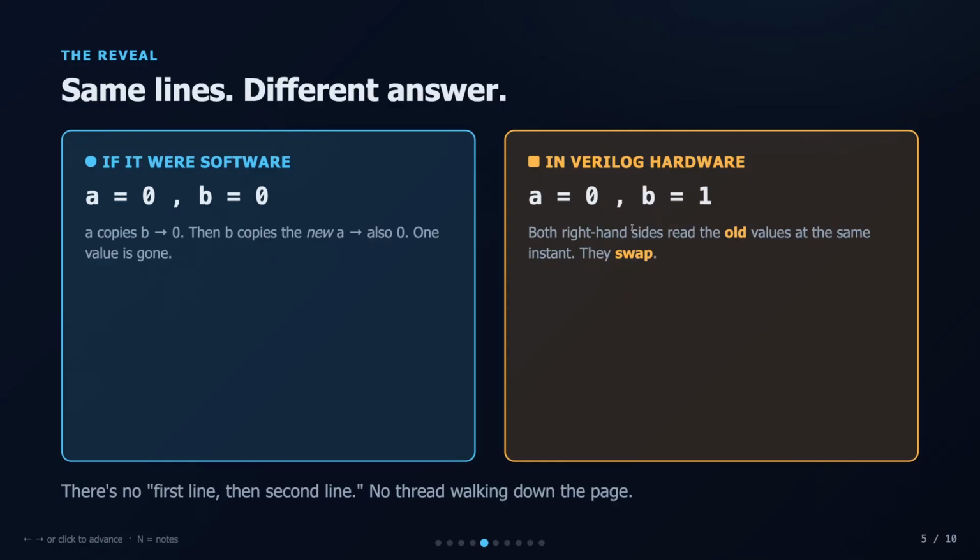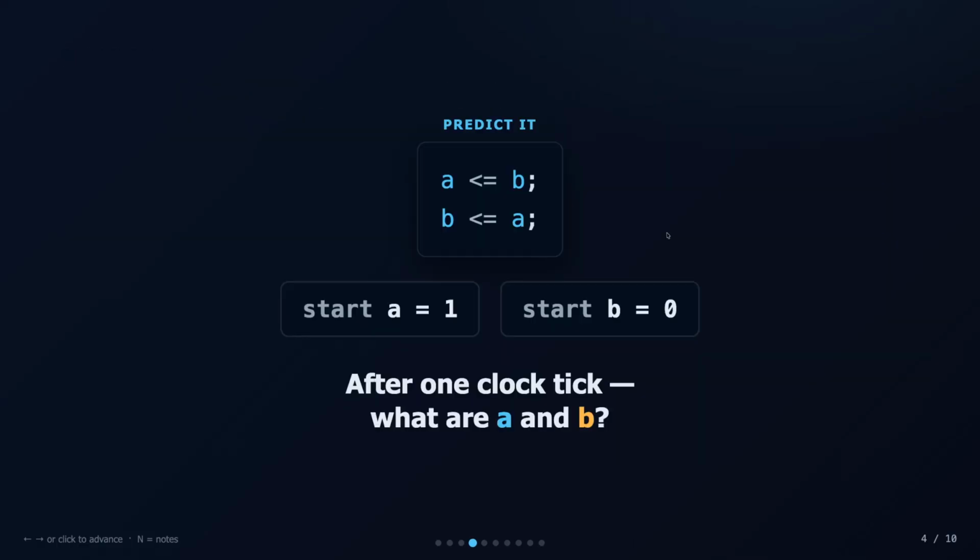However, it turns out what happens in Verilog is these things would just switch values, that swap. The reason for that is things happen at the same time. If these things happen concurrently on a clock tick, then at the same time that A gets loaded with B, so B is a 0, A would then be a 0, A gets loaded into B, but A is a 1, so B would be then a 1.